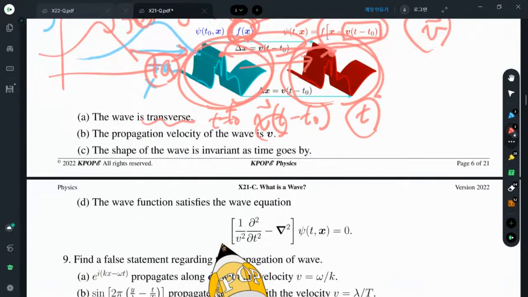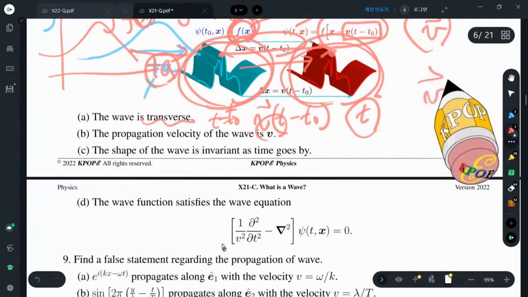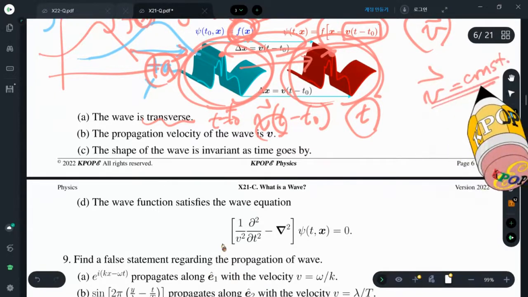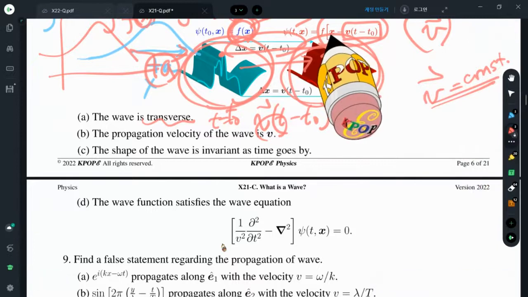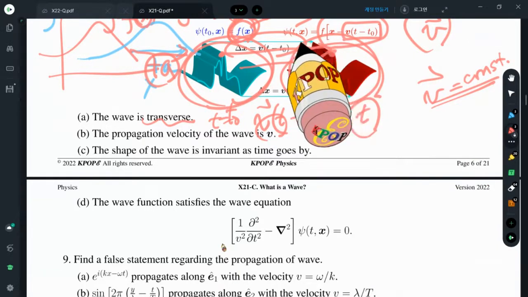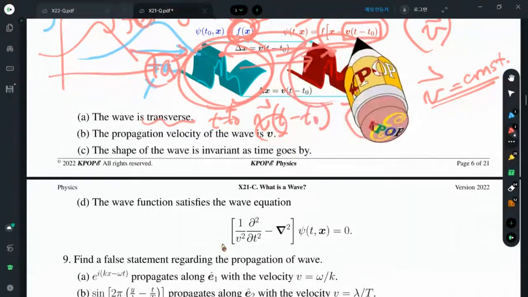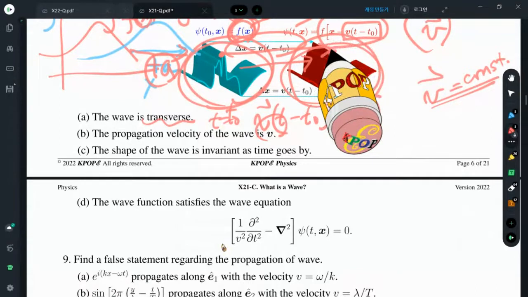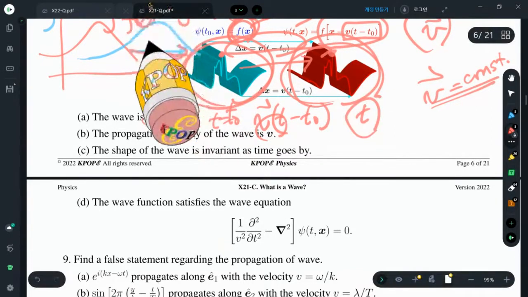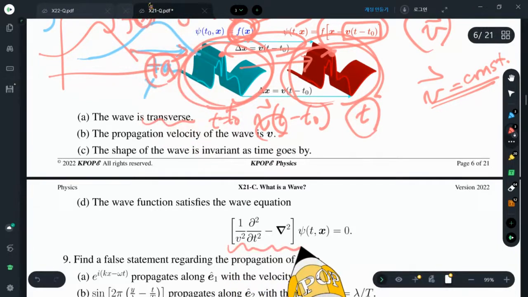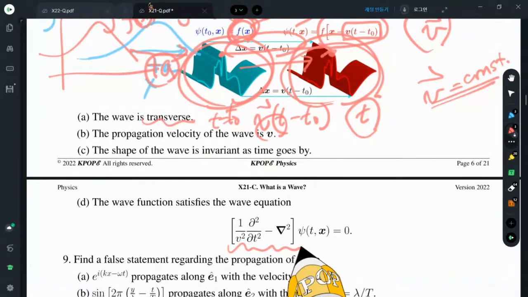All right. Because v is a constant, the partial derivative with respect to x and the partial time derivative of this function are closely related. And in the main text of X21, I have derived the equation of motion from this relation.